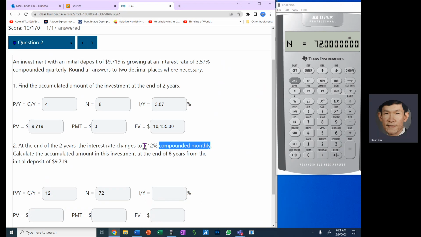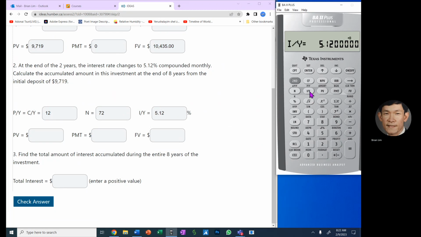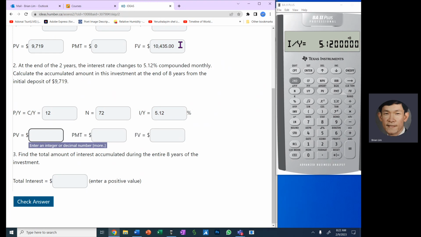And the interest rate is now 5.12. Okay, so we can copy that and paste it in there, 5.12. And we can enter it now on the calculator, 5.12. And that is IY. Okay, now present value is what? Well, it'll be this future value right here.